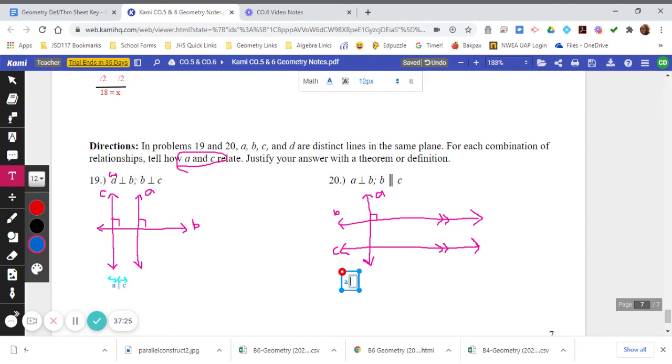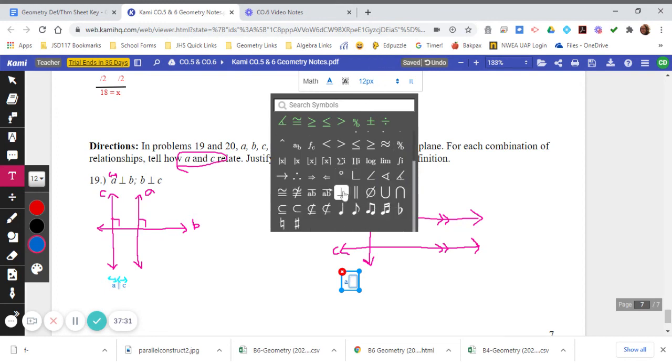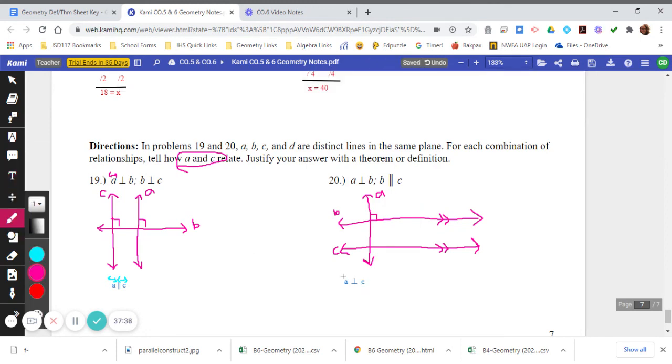So let me see if I can get a notation symbol for perpendicular. And again, I want to label these with my line symbols above the letters to indicate that those are lines.